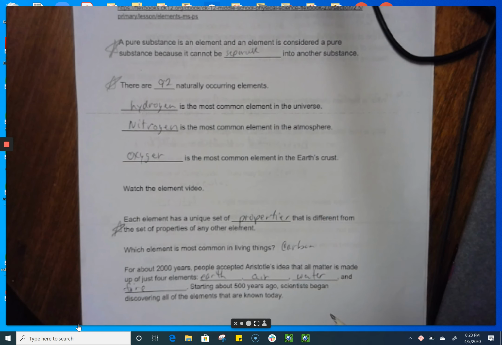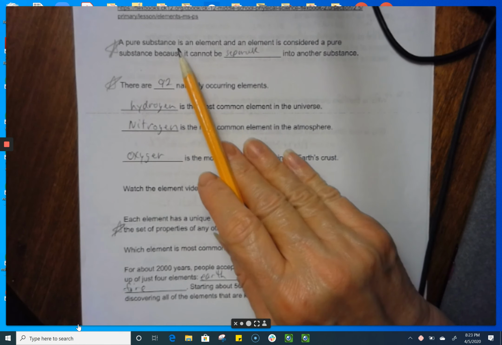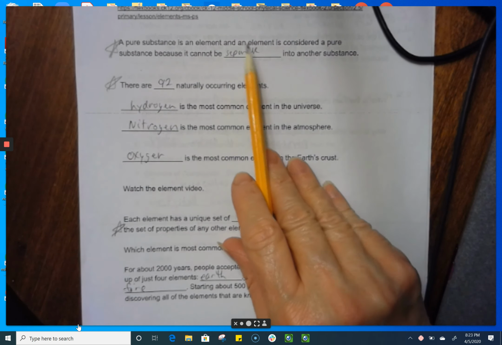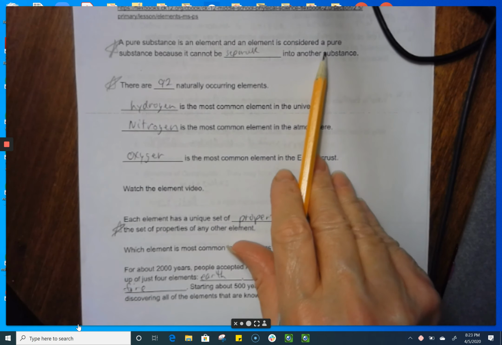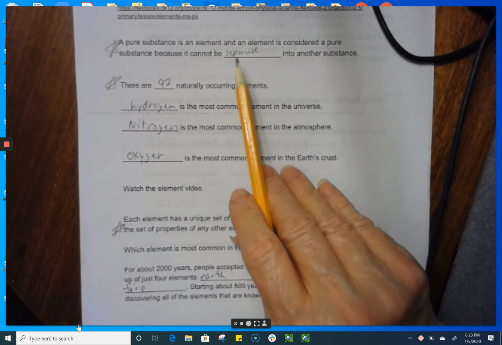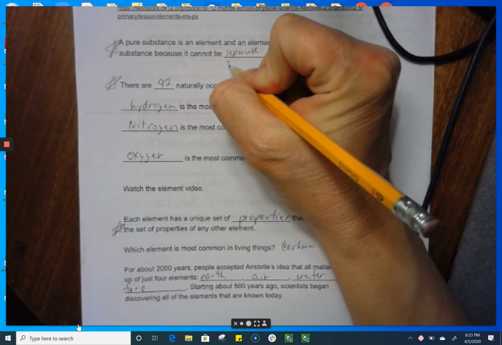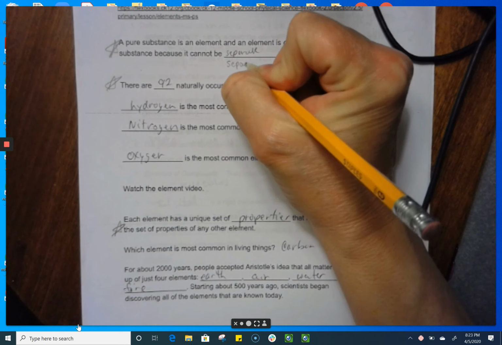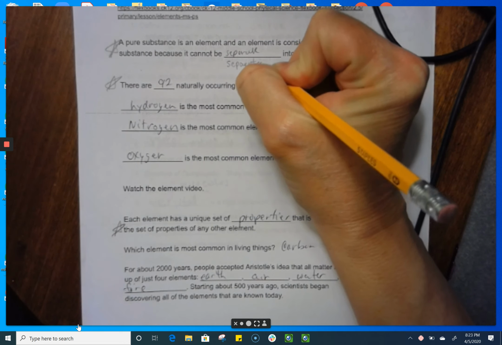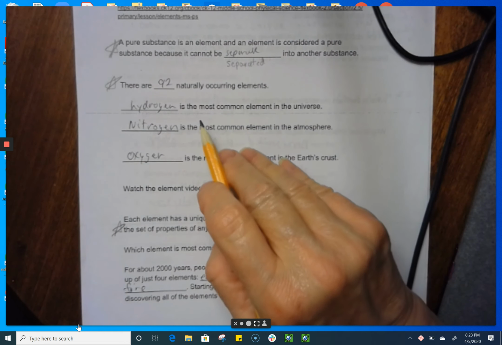The number of protons in an atom determines what kind of atom it is, thereby which element it belongs to. So, a pure substance is an element, and an element is considered a pure substance because it cannot be separated into another substance.